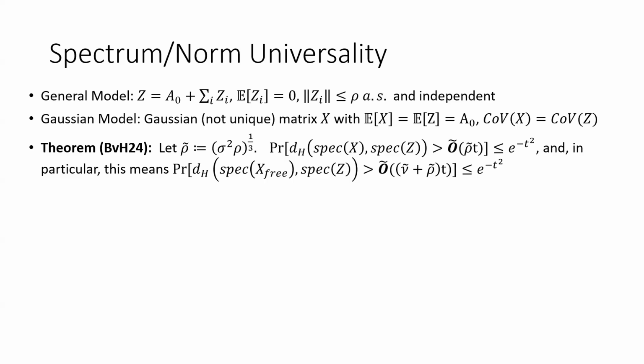In fact, this is exactly what they showed in this follow-up work: the spectrum of Z, this non-Gaussian Z, is very close to the spectrum of this Gaussian matrix X, as long as this rho parameter is much smaller than sigma. And moreover, if you combine this result with the previous concentration inequality on the Gaussian matrix, you can show that the spectrum of Z is close to the spectrum of this free operator.